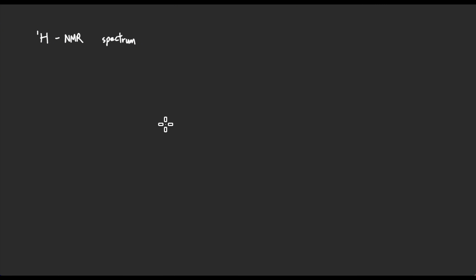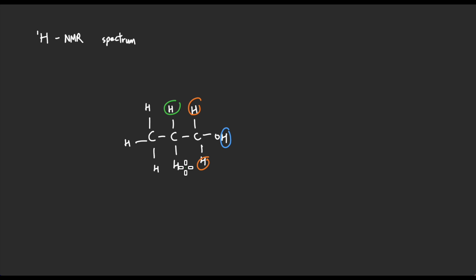Now the second thing I want you to understand is that there are different types of hydrogen in terms of their environment. For example, we have propanol. This structure actually consists of four types of hydrogen. The first type will be the OH, because this H is connected with an O. The other type is these two, which are bonded with a C that connects with a C and O. The third type is these two that are connected with this carbon that is adjacent to two carbons.